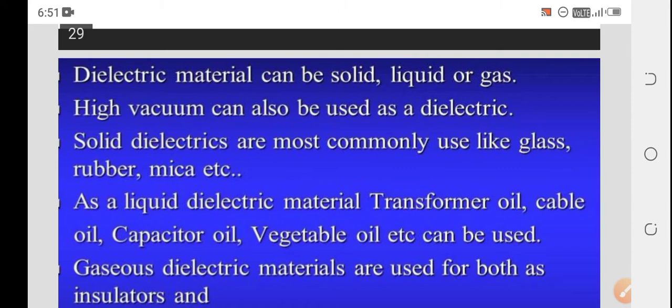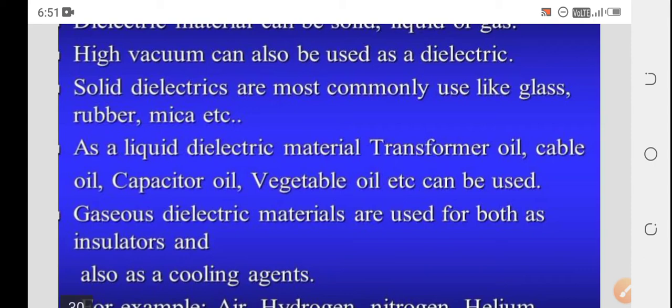Dielectric materials can be solid, liquid, or gas. Even high vacuum can be used as a dielectric. Solid dielectrics are the most commonly used materials, for example glass, rubber, mica.